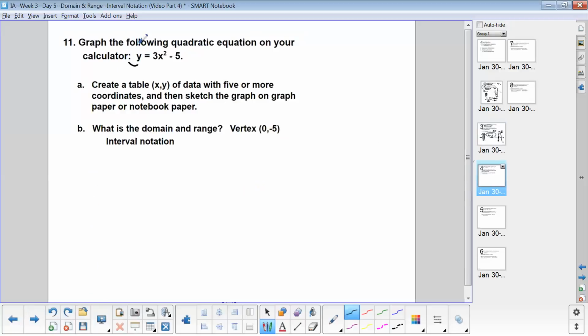So you go to your y equal, you type in 3x squared minus 5. And you go to your second graph.